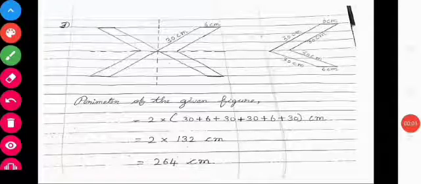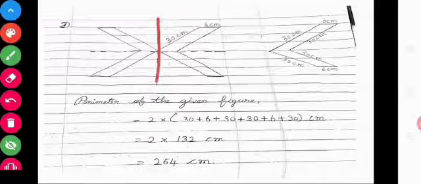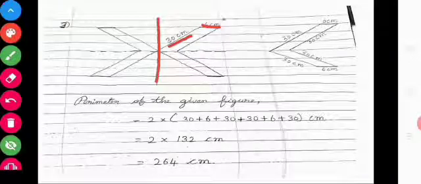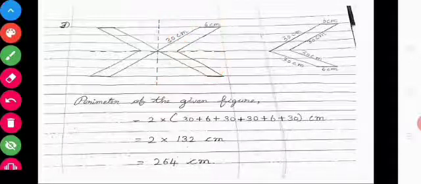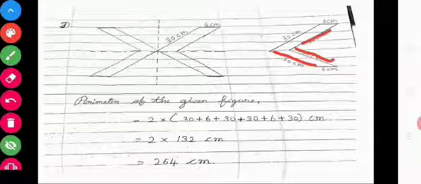Look at the given figure. Now we have to take half of the figure. So this side 30 centimeter and this side 6 centimeter. The figure is symmetrical. So let us consider this side 30 centimeter and this side 30 centimeter, and this one 6 centimeter is the same.